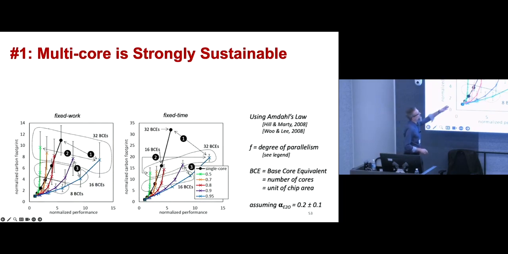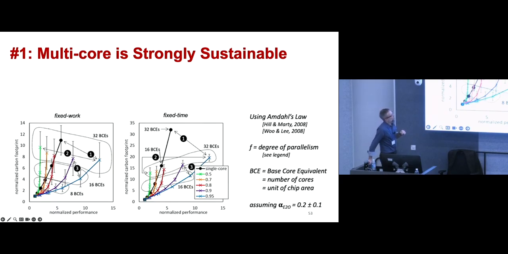I've been exploring different chip sizes: 1 BCE, 2, 4, 8, 16, and 32. If we were to use the entire chip area to build a single core processor, we would achieve the NCF and the performance shown by the black line.